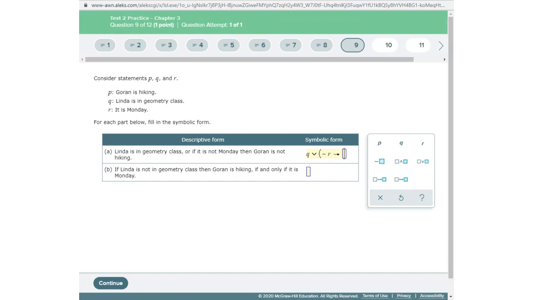But the reason why I'm putting the parentheses is because you see they have Linda is in a geometry class in the or, so that's telling you that the or is making itself the priority, and it's not hiking, so not P. Does that look right?